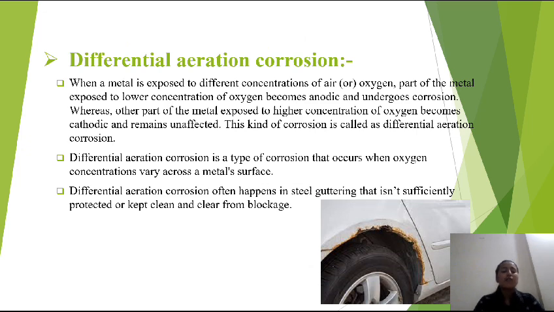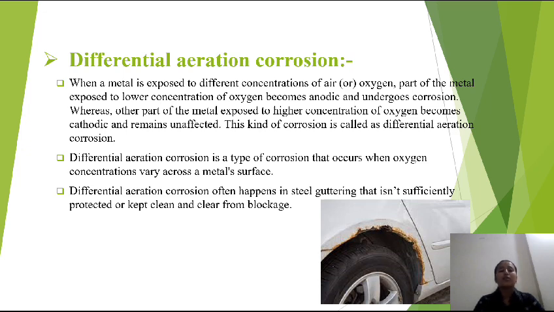Next, differential aeration corrosion. When a metal is exposed to different concentrations of air or oxygen, the part of the metal exposed to a lower concentration of oxygen becomes anodic and undergoes corrosion, whereas the other part of the metal exposed to a higher concentration of oxygen becomes cathodic and remains unaffected.